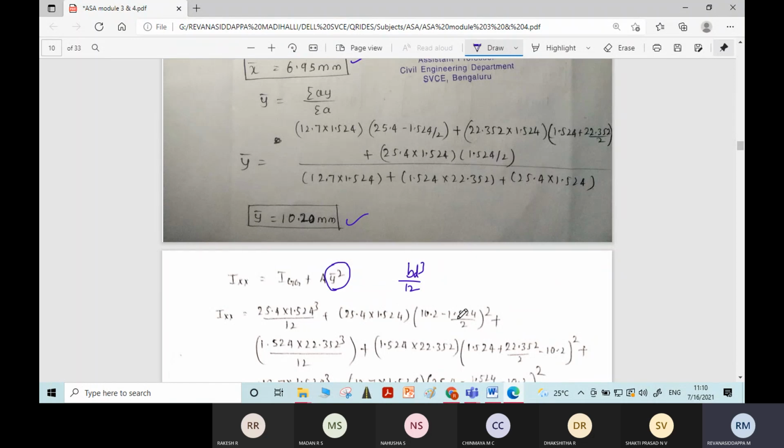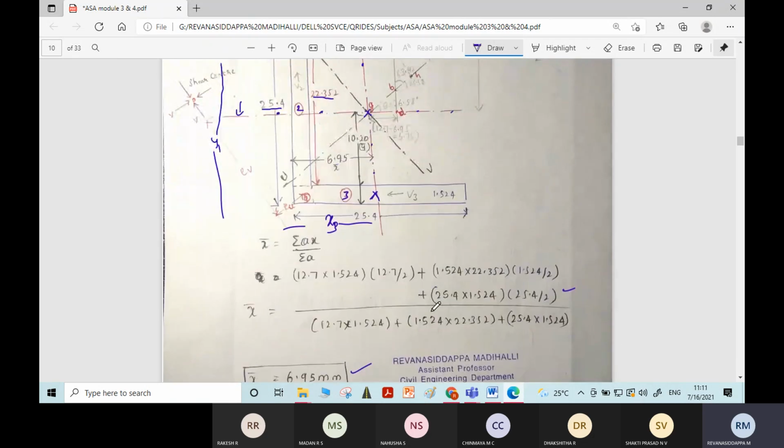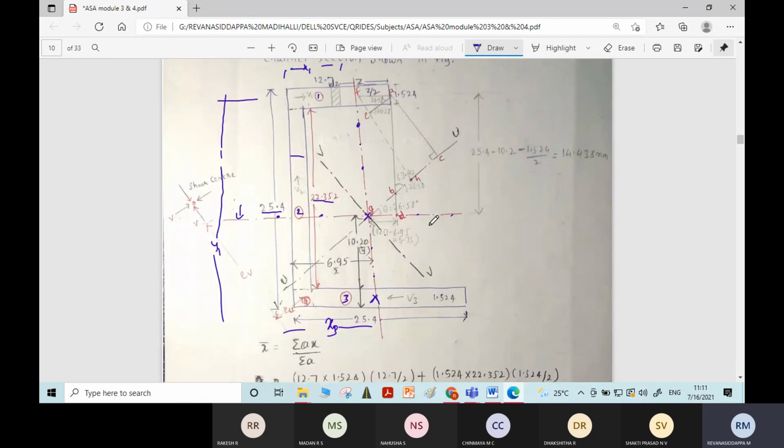What is y bar for rectangle 1? Means y1 bar. Y1 bar is the distance between centroid of the whole figure to that of centroid of rectangle 1. Here I have written that calculation: 25.4 minus 10.2 minus 1.524 divided by 2.